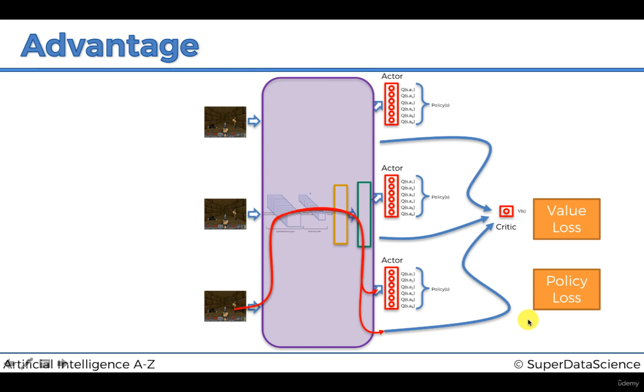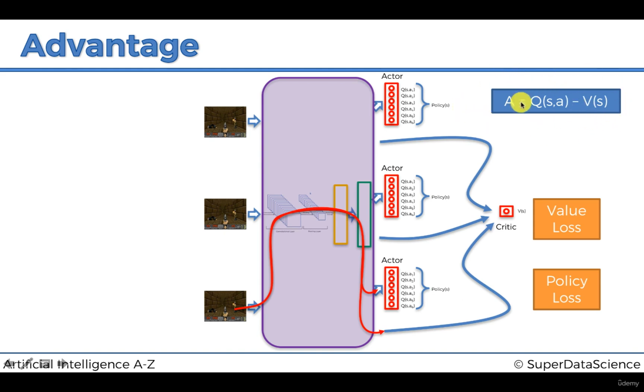And so what is this policy loss and how does it work? Well, this is the part where this whole situation where the critic is shared between the actors, or between the agents, is going to finally emerge. So to understand policy loss, we need to introduce a value called advantage, hence the name of this part of this tutorial and this whole part of the A3C algorithm, the advantage.